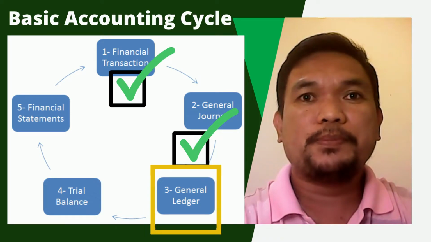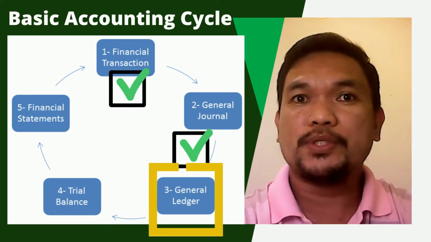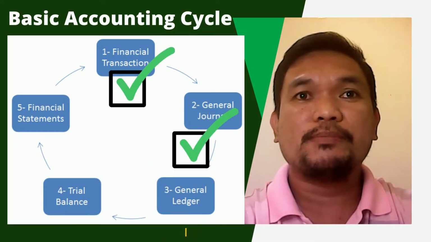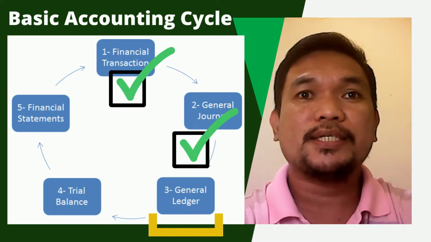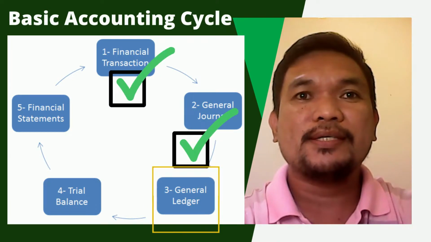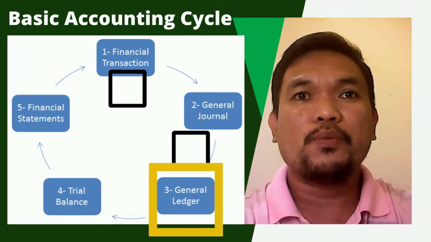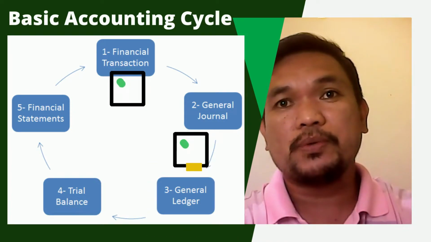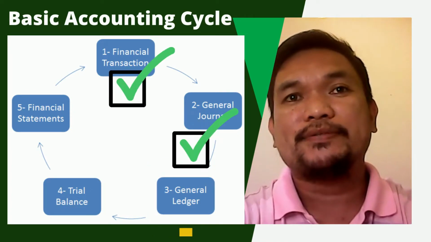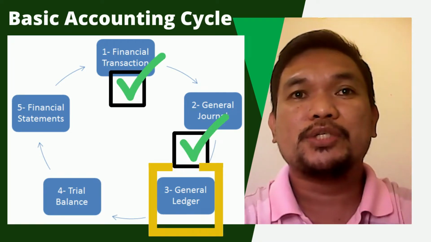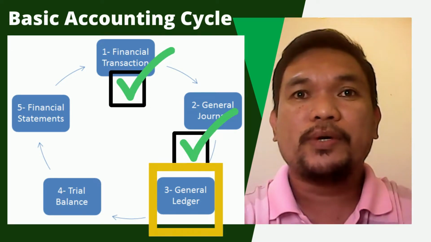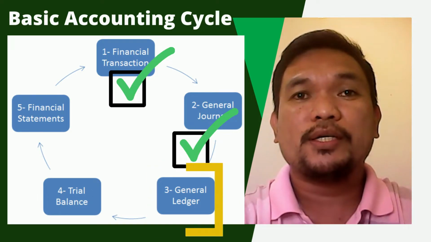Alright, so before we proceed to the posting of your entries to the general ledger, let's go back first to the basic accounting cycle. As you can see, number 1 there is financial transactions. Of course, we were able to identify the different financial or business transactions in part 2 of this video, as well as number 2, general journal.